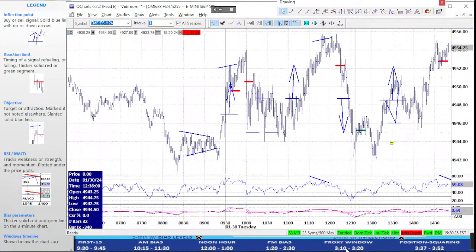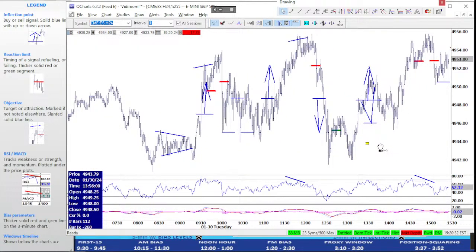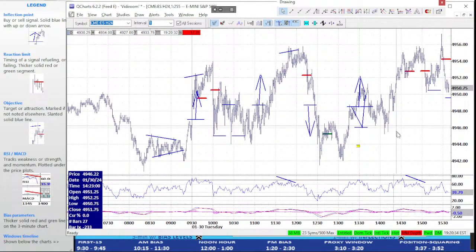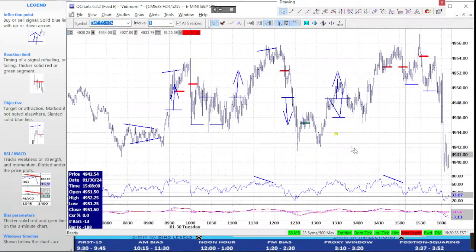As we get into the close, there's a proxy window or the position squaring window. Everybody's got their own agenda, but they're all executing on a specific position squaring agenda. So sometimes there are signals and sometimes there aren't.